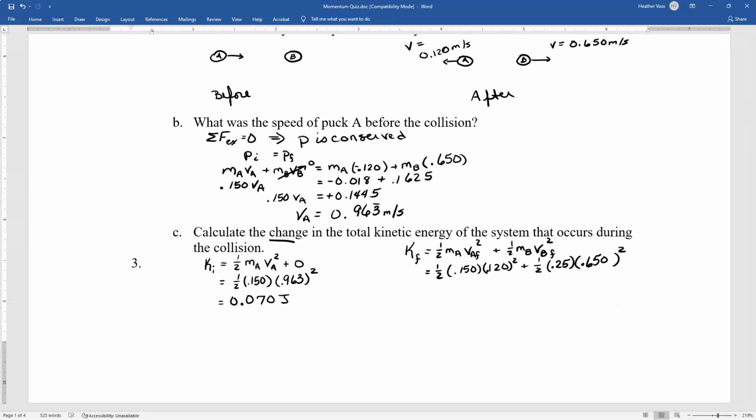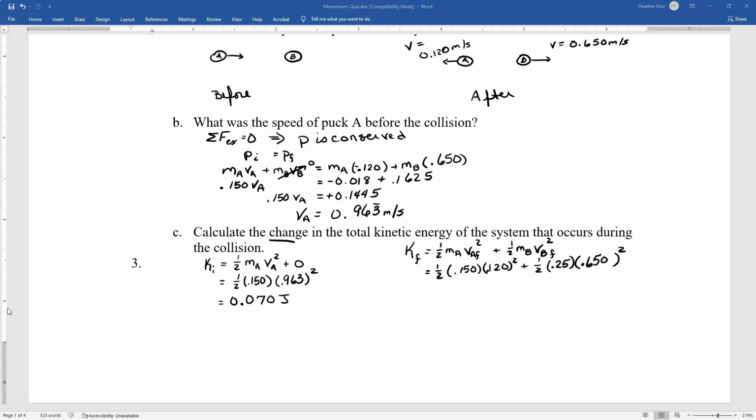And so we're going to put all of that into our calculator. So we're going to have 0.5 times 0.150 times 0.120 quantity squared plus 0.5 times 0.250 times 0.650 quantity squared.